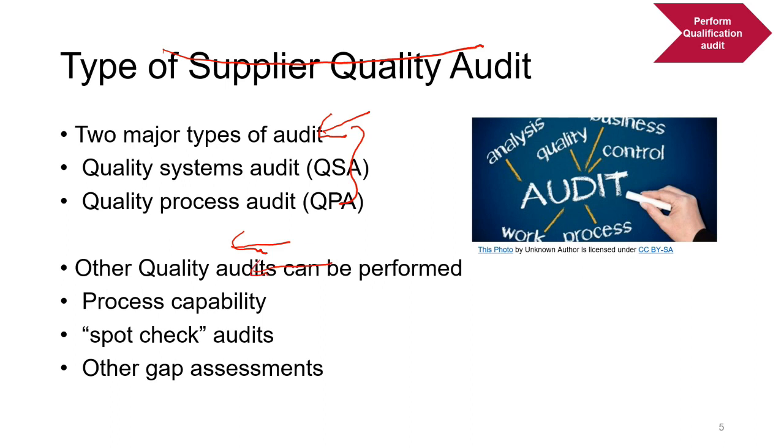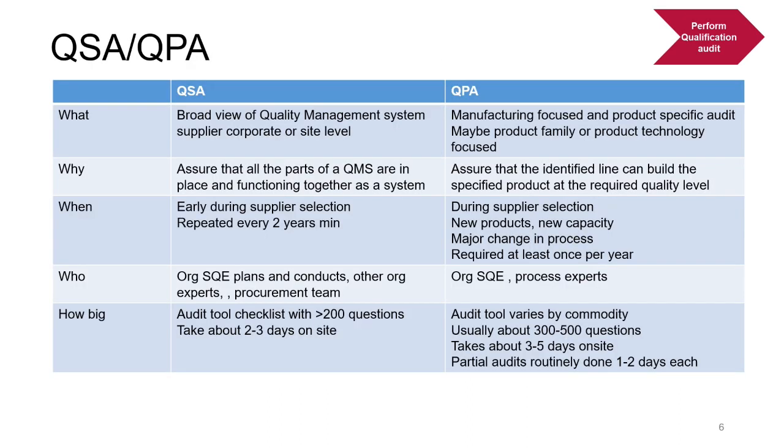Sports audits, which focus on areas which could potentially cause a lot of problems, and other gaps assessments, which include SWOT analysis, known as strength, weakness, opportunities, and threat analysis, and also maybe some kind of a risk assessment that can be done as well. In these slides, we shall focus on quality system and quality process audit.